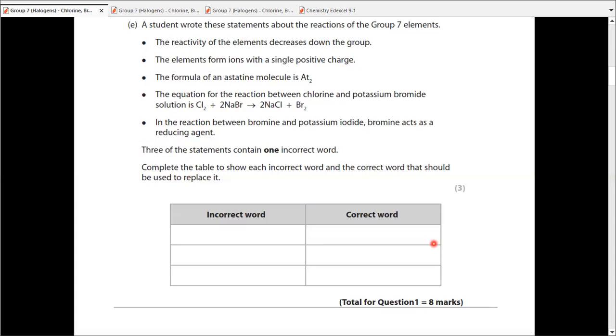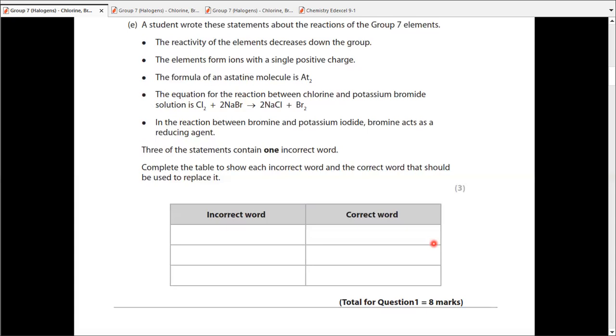Oh, I think I got it. So here they're saying that bromine acts as a reducing agent, and you said that reducing agent means itself loses electrons, other ones gain electrons. So they're trying to say that over here iodine displaces bromine, right?